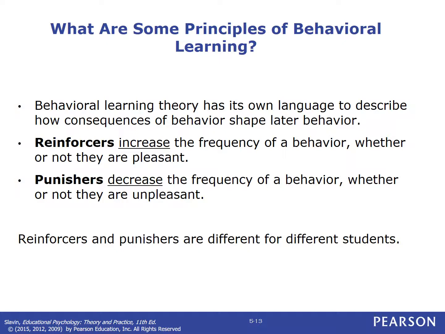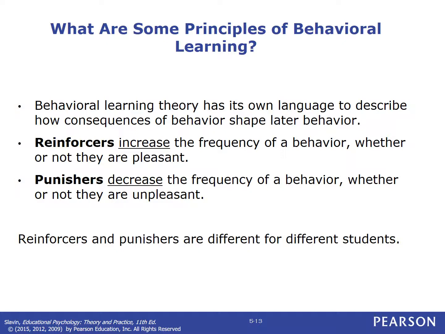So here are some principles. Reinforcers increase the frequency of a behavior, whether or not they are pleasant, and punishers decrease the frequency of a behavior, whether or not they are unpleasant. Reinforcers and punishers are different for different students.